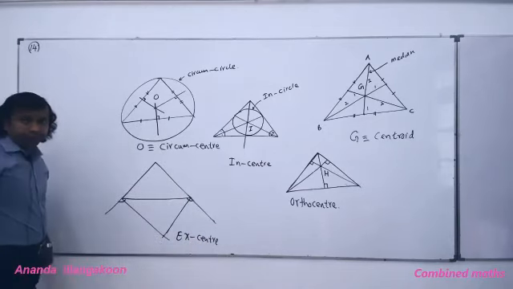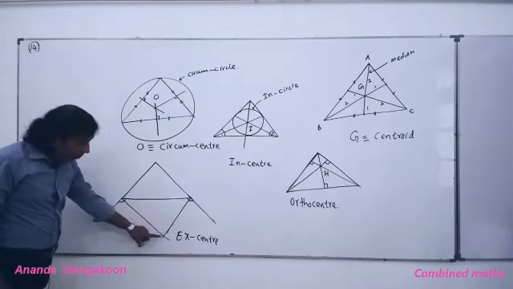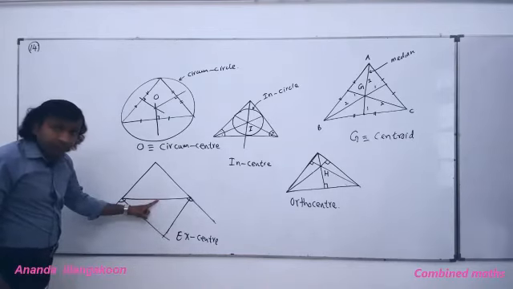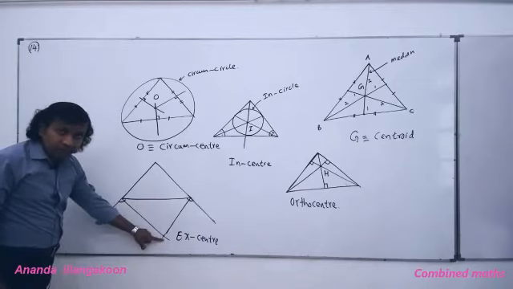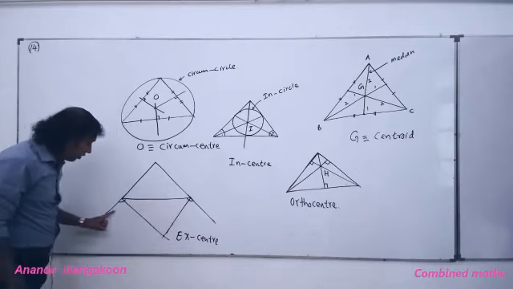The importance of this excenter is that when we take the perpendicular distance from here to this side as the radius, and this point as the center, and draw a circle, that circle will touch this line and this line like this.